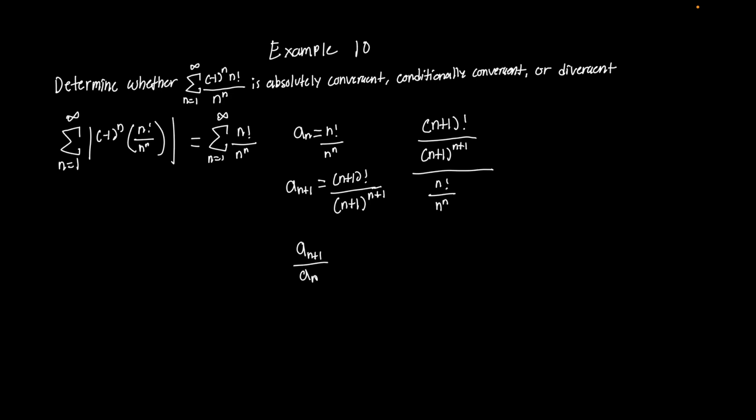Now we just take the reciprocal and multiply by the reciprocal. So this is equal to n plus 1 factorial over n plus 1 times n plus 1, times n to the nth over n factorial.